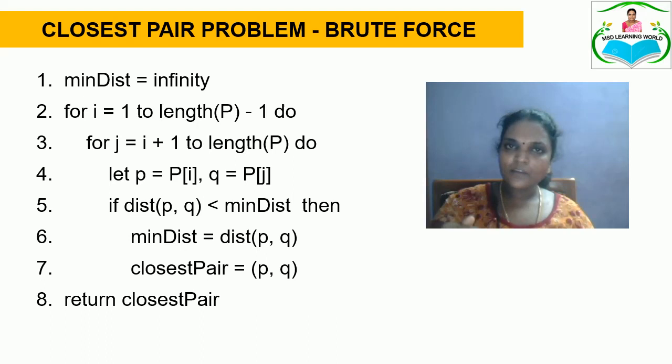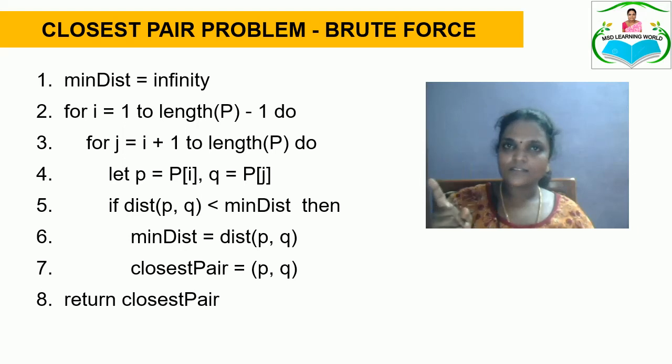Likewise, you will have 2 for loops, where the outer for loop specifies the point that you are taking to find the distance, and the inner for loop is used for finding the distance between the ith point and all the points in the n space. It will calculate the distance between each point and all the other points.